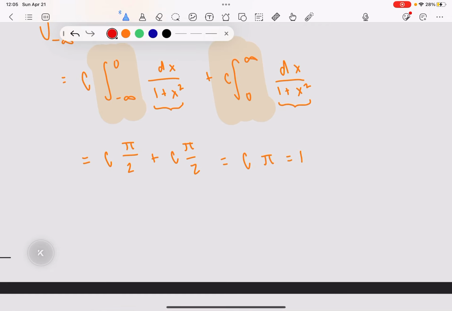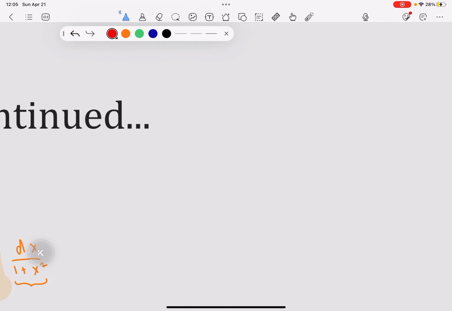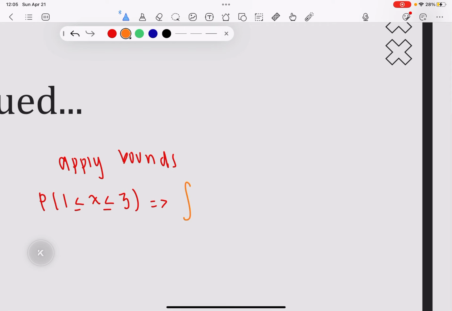So now that we have that, we are going to apply bounds, which I'm going to write in red over here, for p of x.